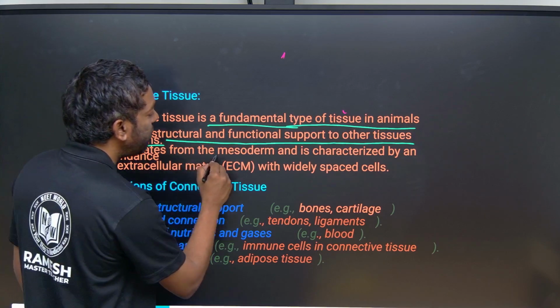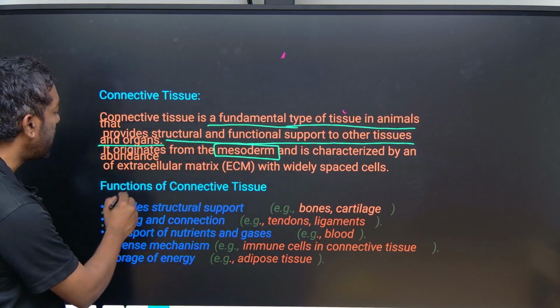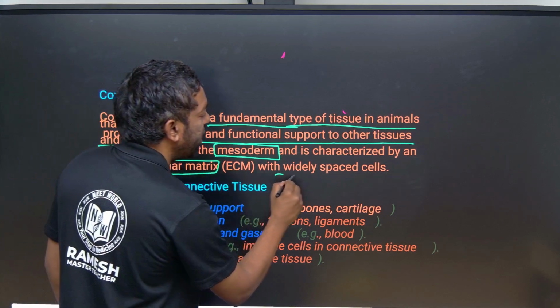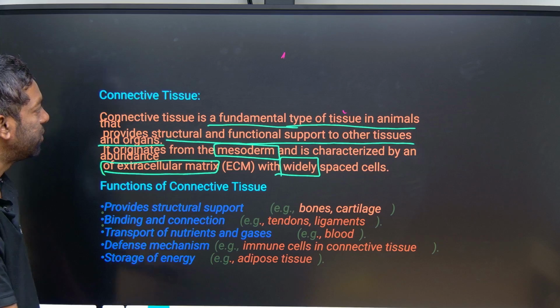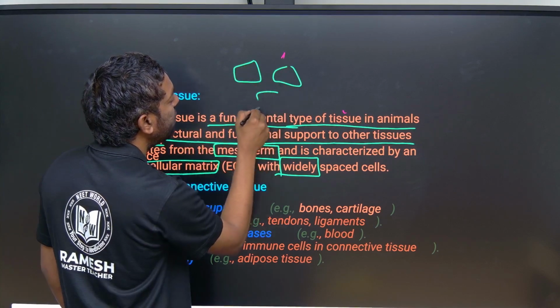It originates from the mesoderm, and the extracellular matrix is wide in the connective tissue.